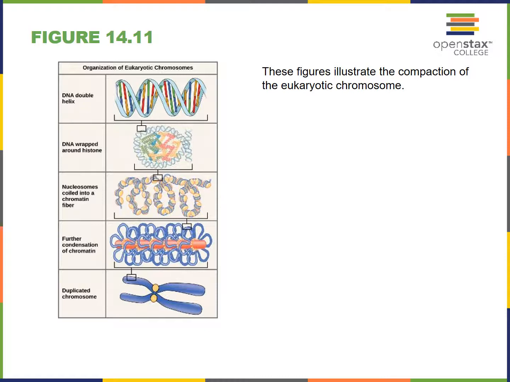The prokaryote just has one single chromosome, and so it has a lot less to pack. Now let's look at the different levels of DNA packaging.